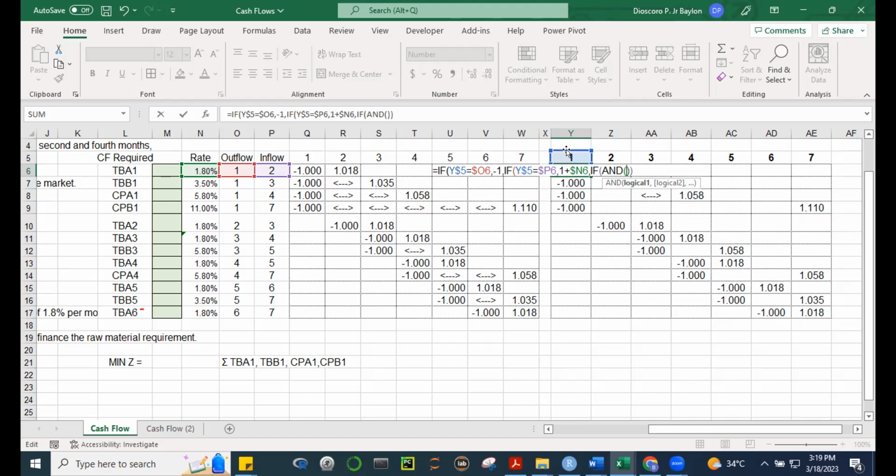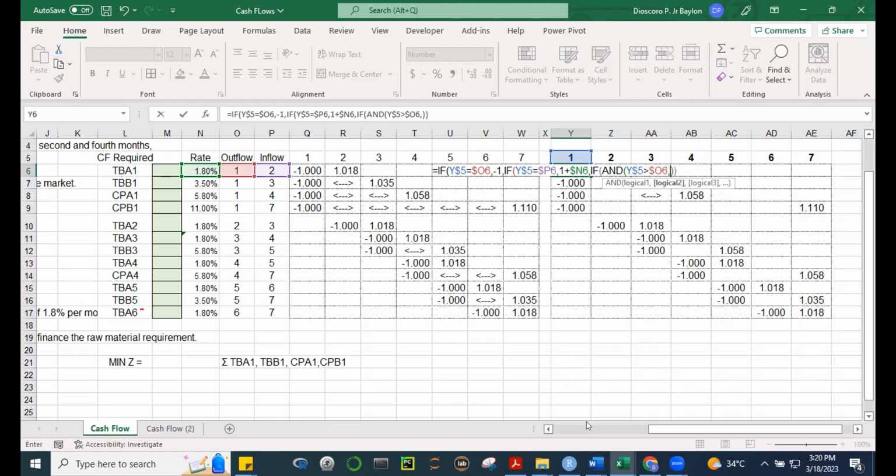So if our month, if this one, and again we're going to fix this, the $5, we're fixing the row. If this is greater than our outflow, and fix O, right?